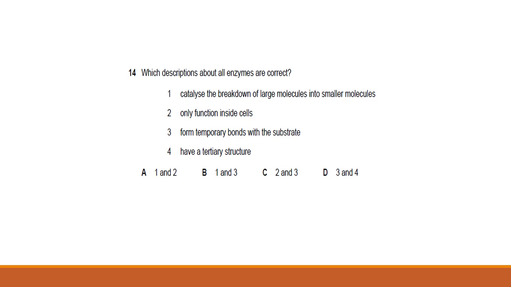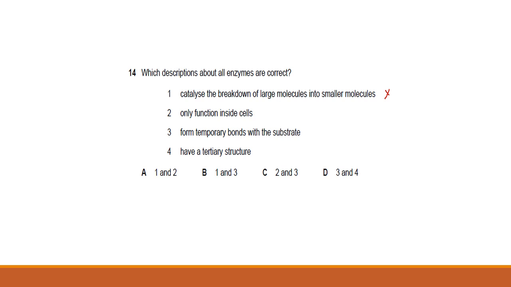Okay, let's look at number 14. Which descriptions about all enzymes are correct? So all enzymes, number 1, catalyze the breakdown of large molecules into smaller molecules. That's not really what enzymes do. That's a very primary level definition of an enzyme. Yes, it lowers the activation energy, which is in fact more accurate.